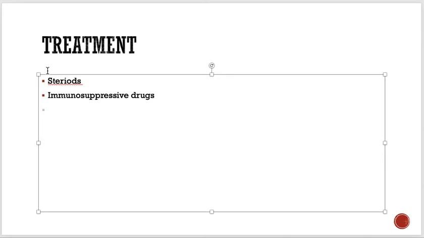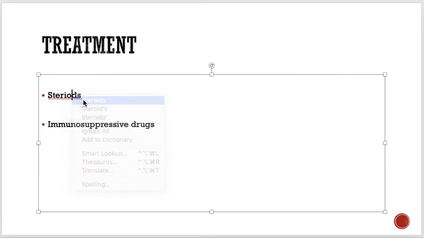Remember guys, this is the general concept for all the conditions, not just this one. Whenever there is inflammation and we don't know the cause exactly, what the causative organism is, we go this way.